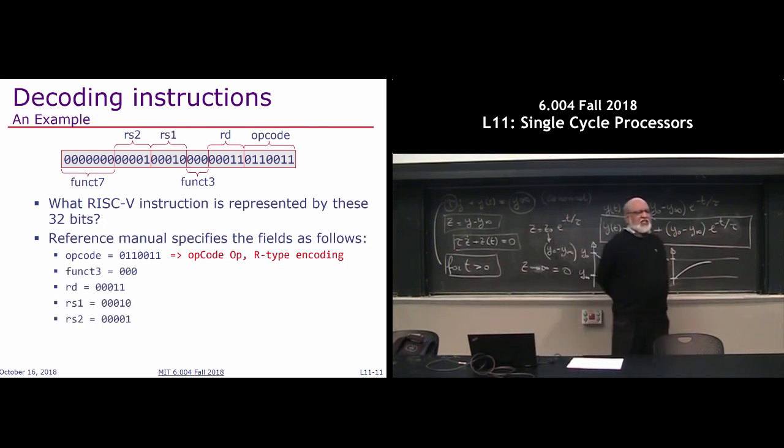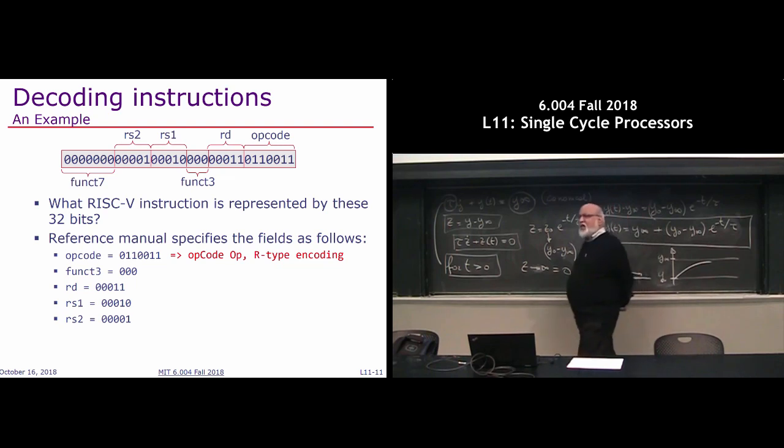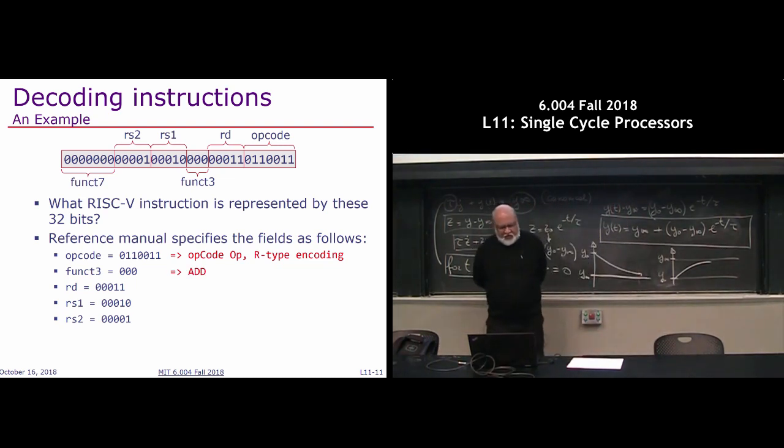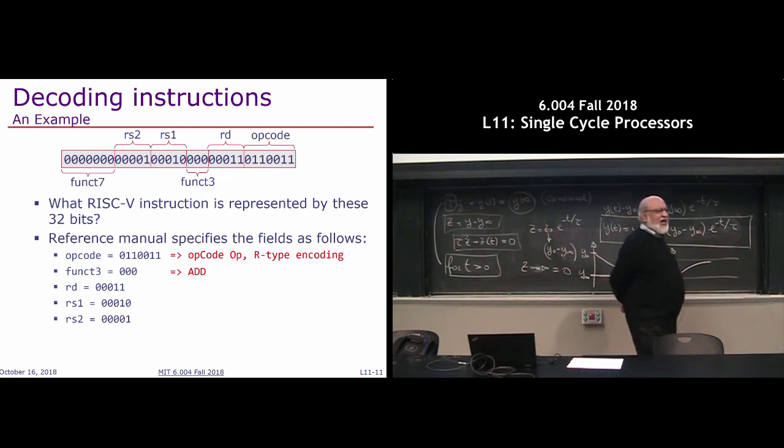Okay, so let's look at it. funct3 is 0, 0, 0. Again, the reference manual will tell you that this corresponds to the add instruction. Good, so now we know we have an add instruction. And what does 0, 0, 0, 1, 1 mean for the destination?